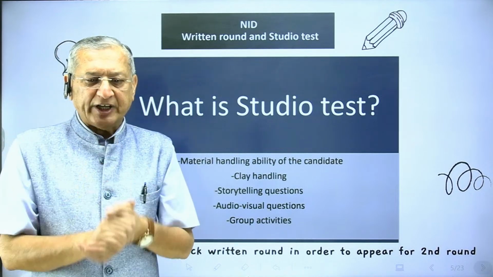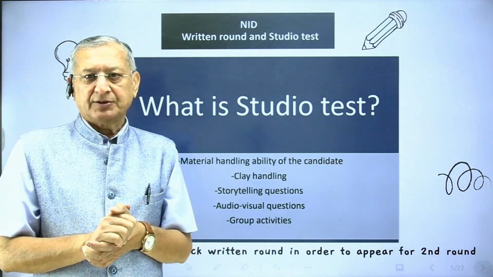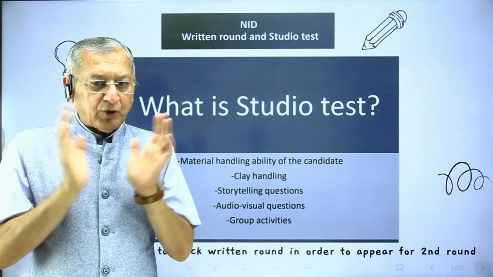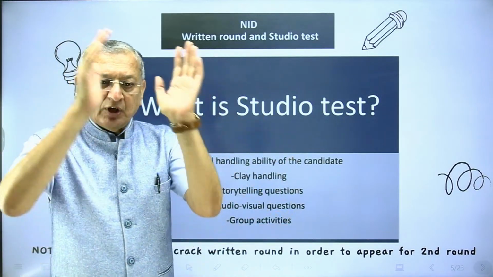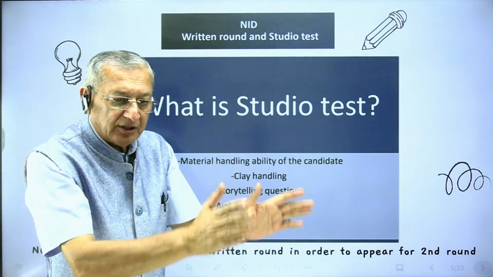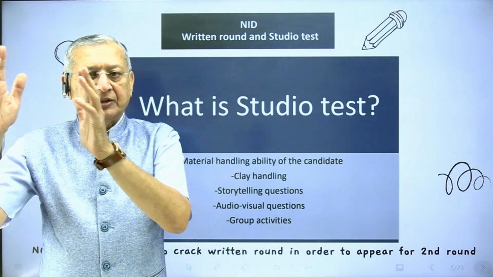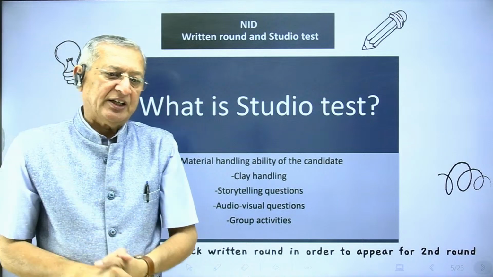And whatever you get in this is further subjected to the 40-60 ratio of the first round, that is the written round, and the studio test, that is 60%.